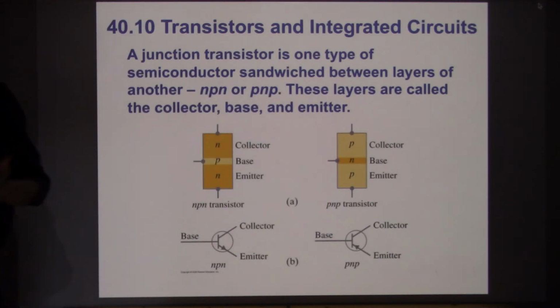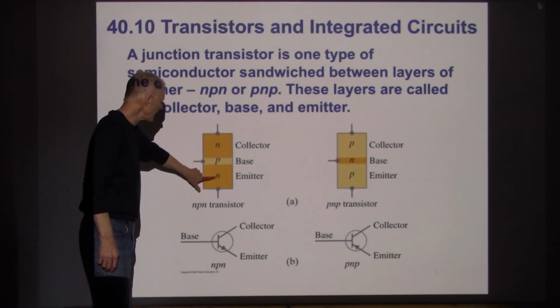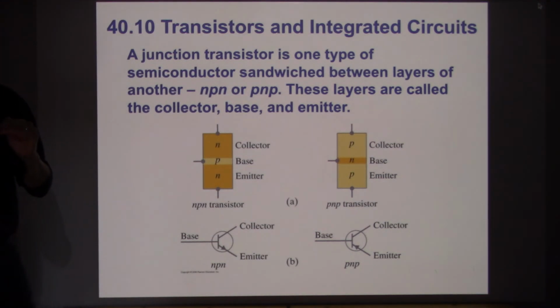Now, what would happen if we took 3 layers of this material? So let's take an N layer, a P layer, and another N layer. Or alternately, we could do it the other way around, but I think it's easier to think in terms of NPN, because that allows us to follow the flow of the electrons.